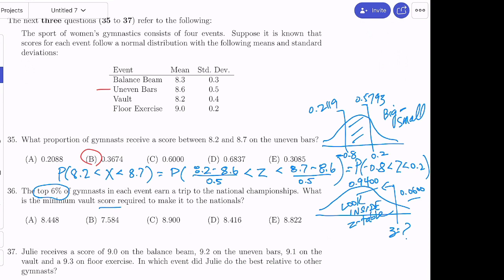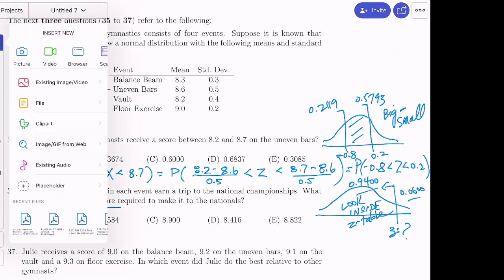You look inside the table for that number.